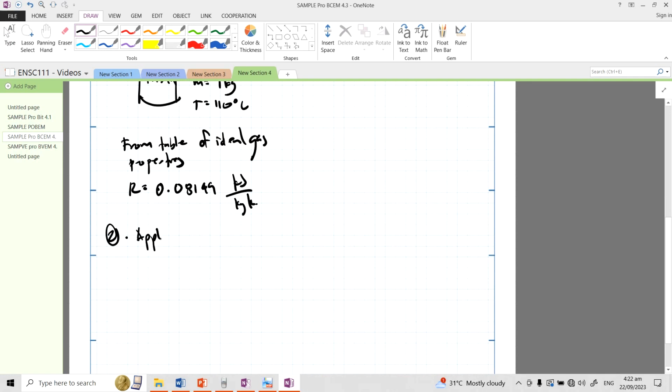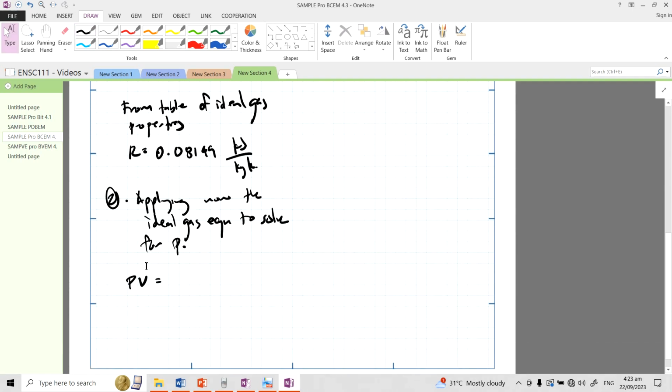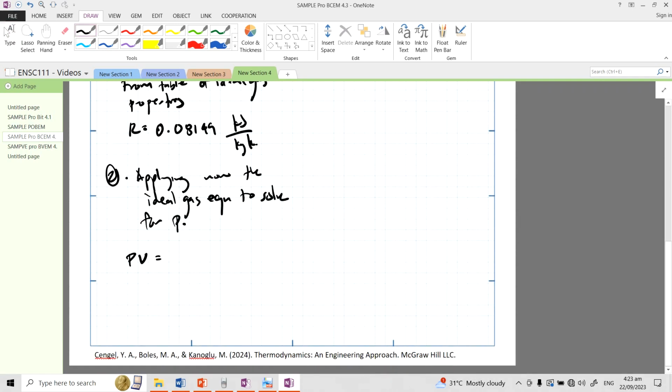Applying now the ideal gas equation to solve for the pressure. Recall PV is equal to MRT.